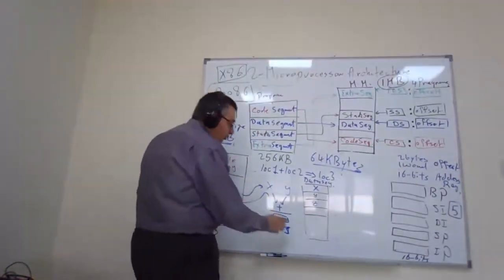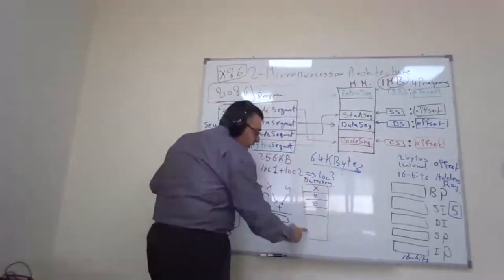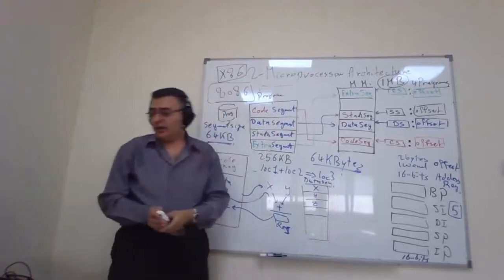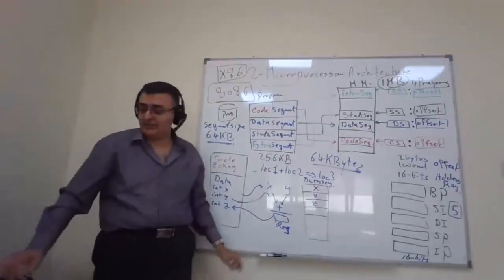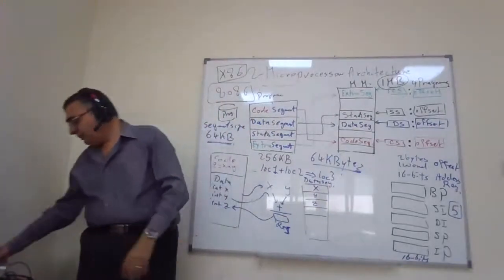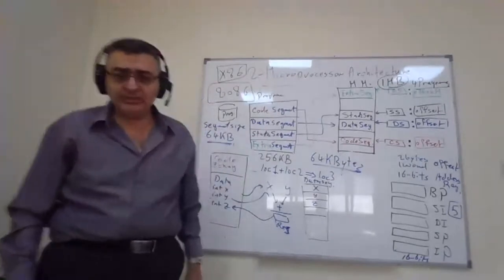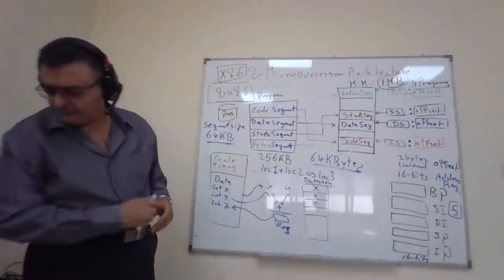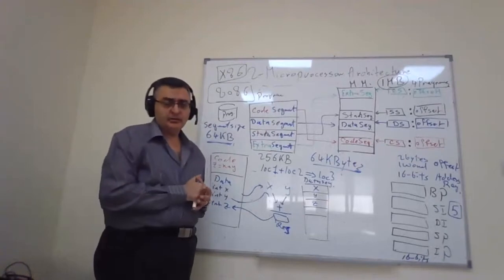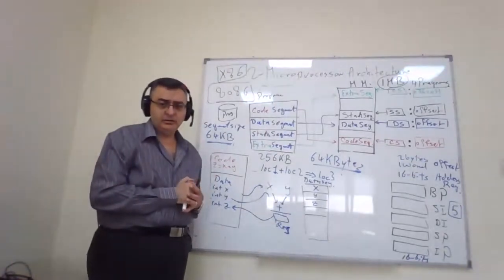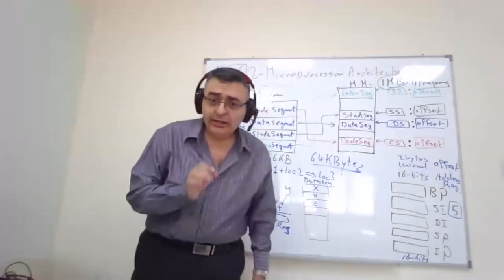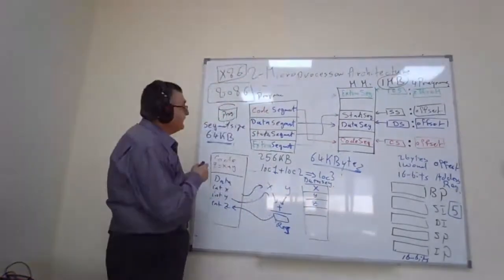First of all, here I draw the data segment. This is an example of the data segment. What is the size of the data segment? As we explained in the last lecture, what's the size of the data segment? 64 kilobytes.